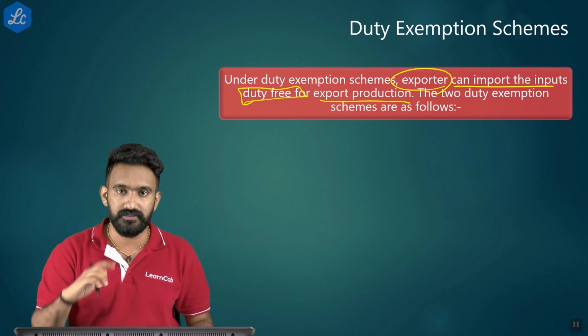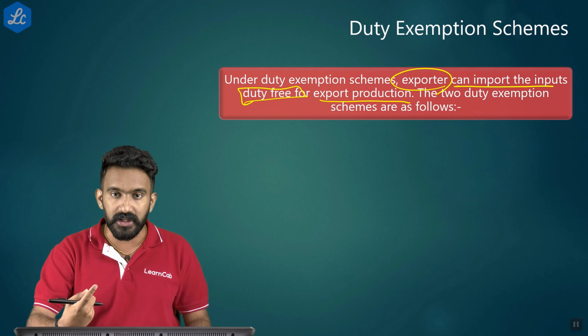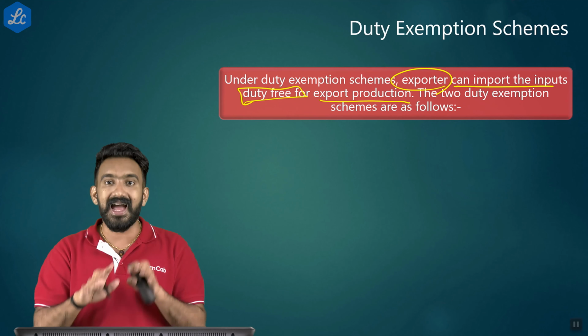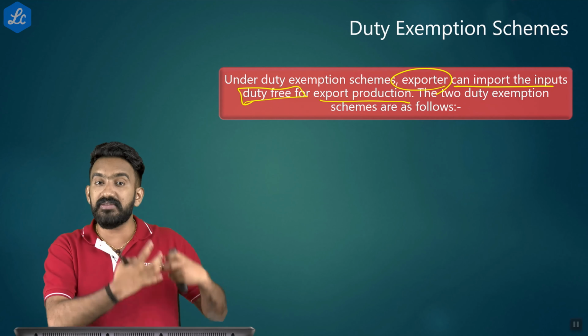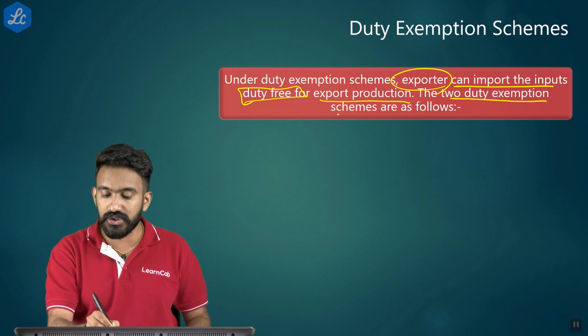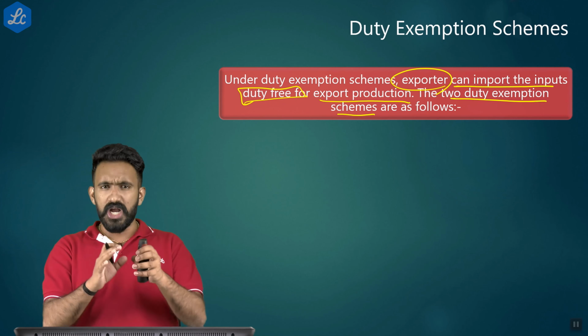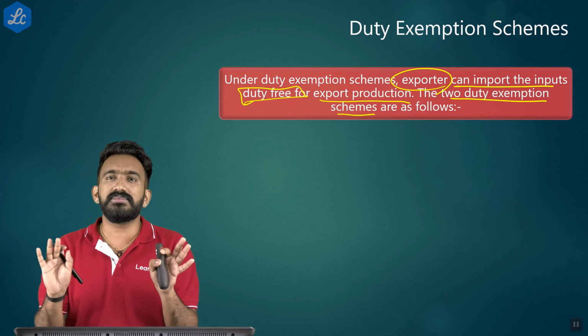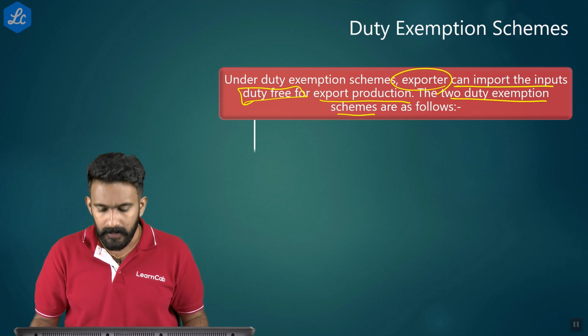Export production. So you're producing something for export. For that production, you're importing inputs. Those inputs can be given duty free. There are two duty exemption schemes which are very closely aligned but different in some specific areas.